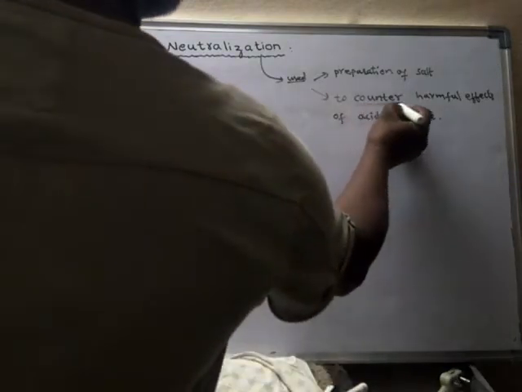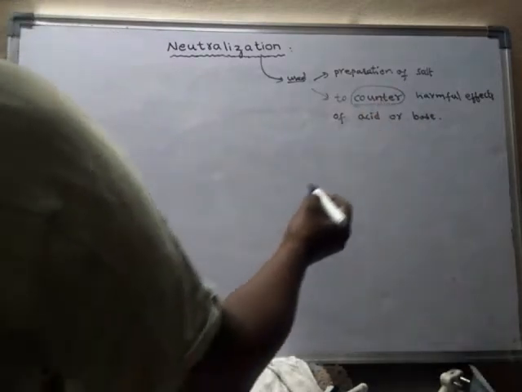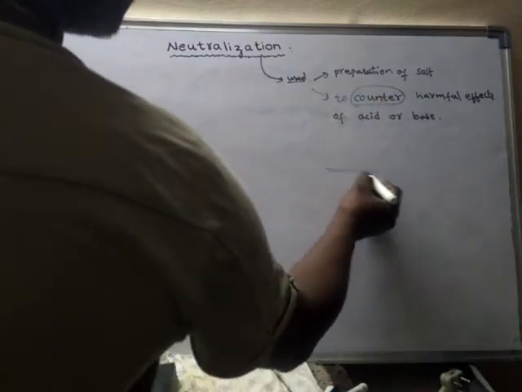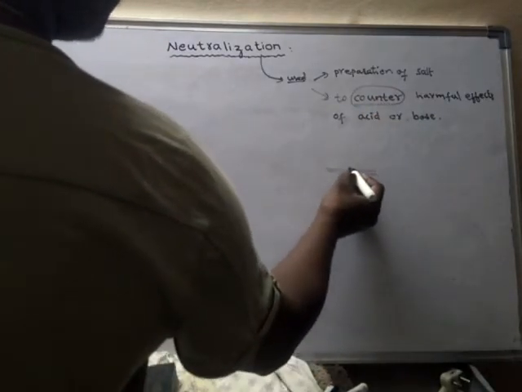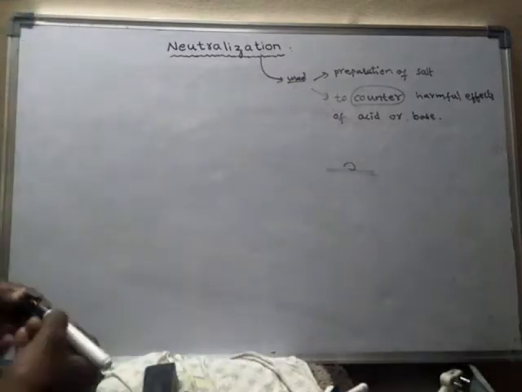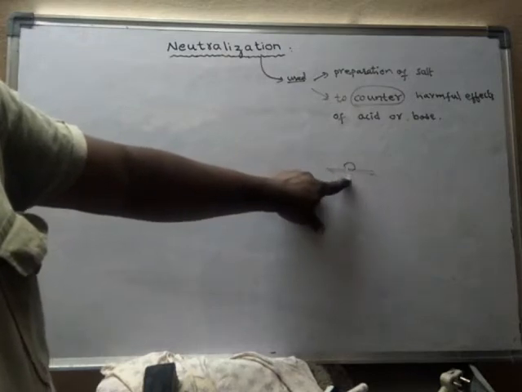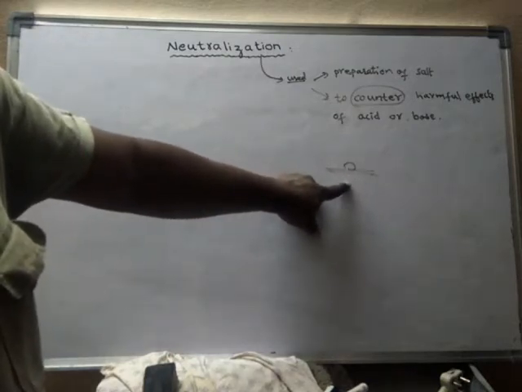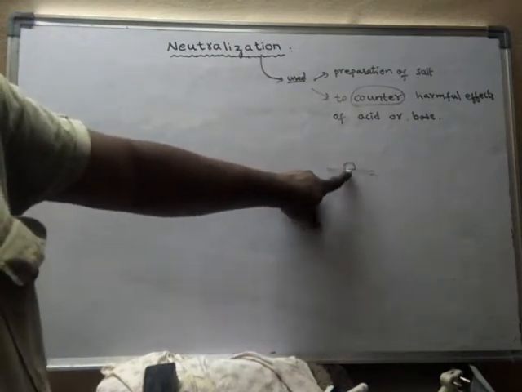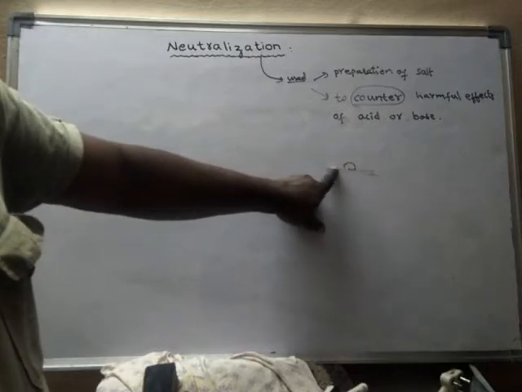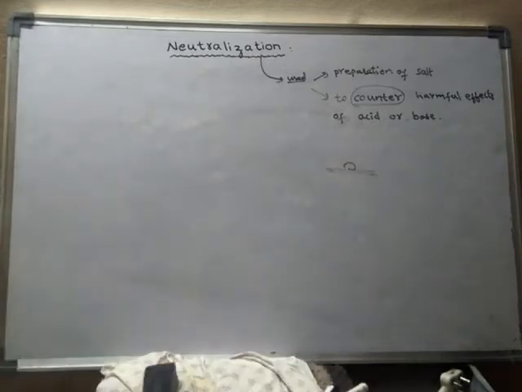What is the meaning of counter? That means oppose. For example, if some acid has fallen on the skin, what happens? Immediately this acid will cause painful burns on the skin.